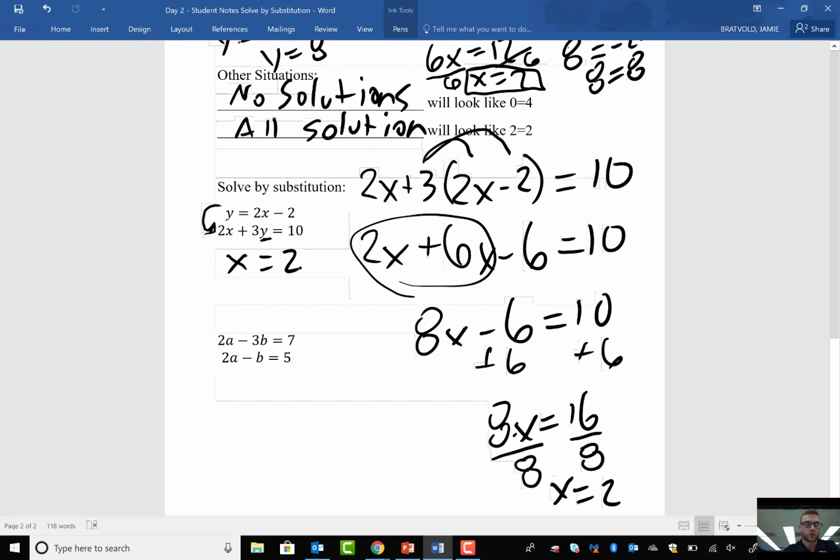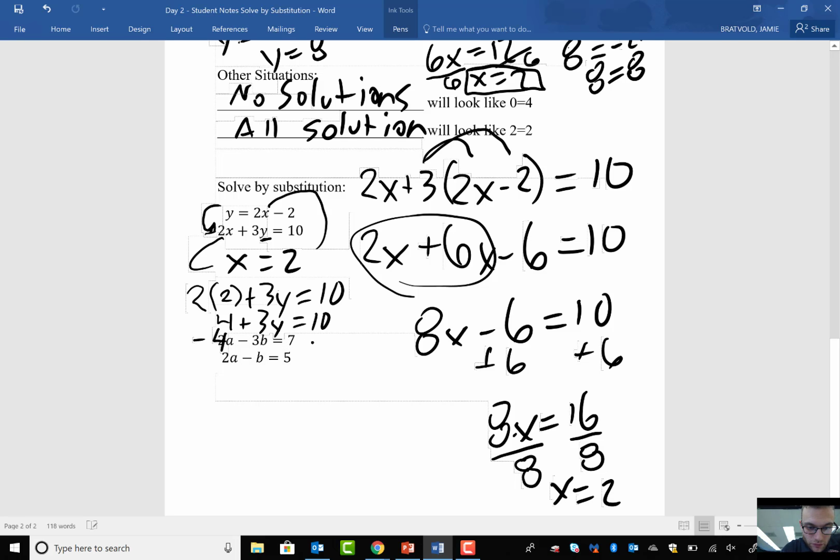Okay, so now I got to take that and I got to plug it back into one of these. So I can either plug it in there, or I can plug it in there. So let's do the bottom one. So 2 plus 3y equals 10. Okay. So 2 times 2 is 4, plus 3y equals 10.